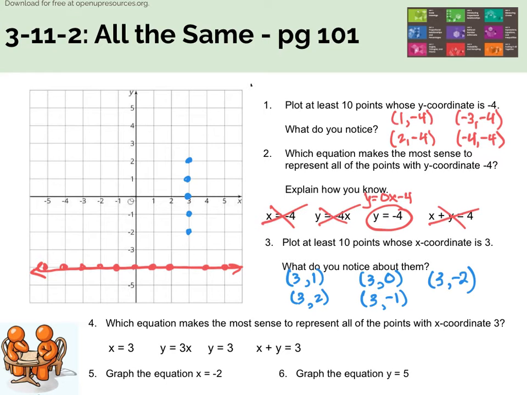What about 3 and -5? So we did 3, -5, and 3, 4. Let's do 3, -3.